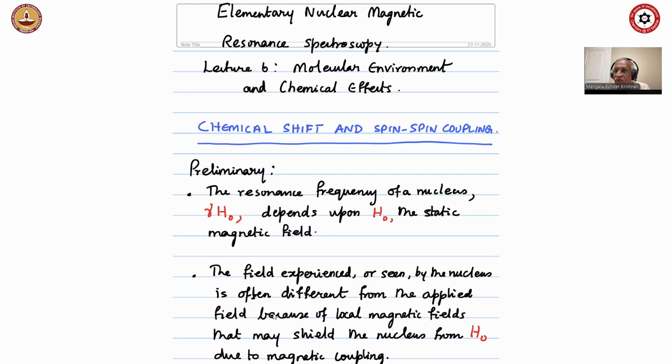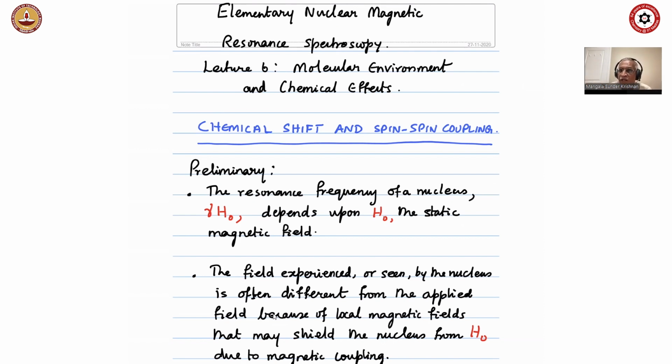The radio frequency field, which raises the spin from the lower energy level to the upper energy level, has the frequency corresponding to this. Suppose the frequency generated by the coil is 100 megahertz. Now, gamma H naught should be equal to 100 megahertz.